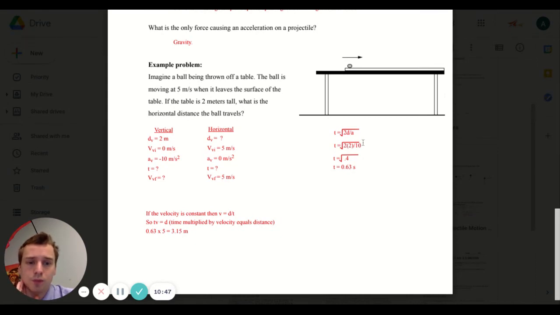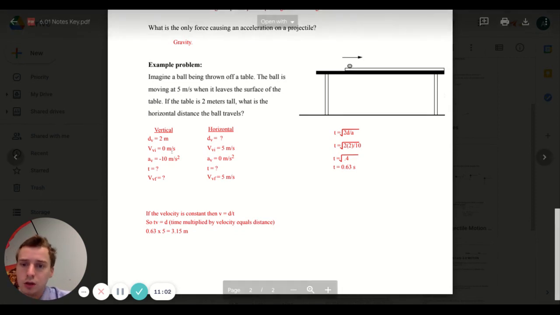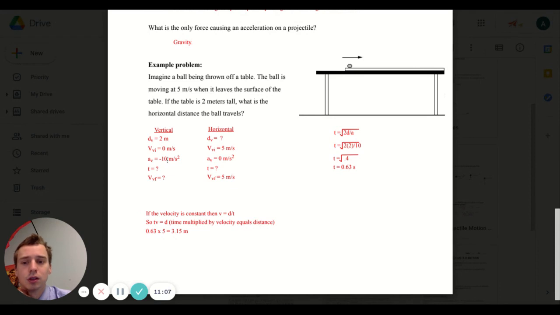So I get 4 divided by 10, I get 0.4. So the square root of 0.4, which if you plug into your calculator, your time then is 0.63 seconds. So that's how long it took for it to reach the ground vertically, right? Which I knew because I knew the initial vertical velocity and I knew the acceleration. I also had the distance it went.